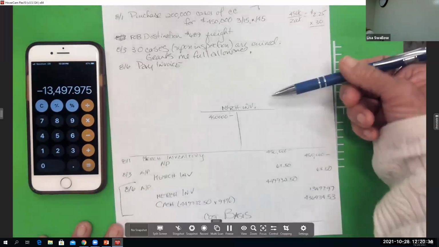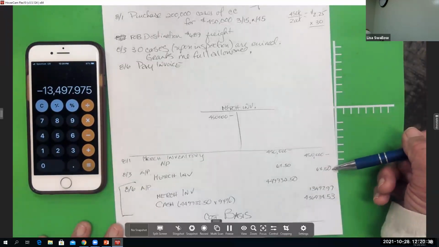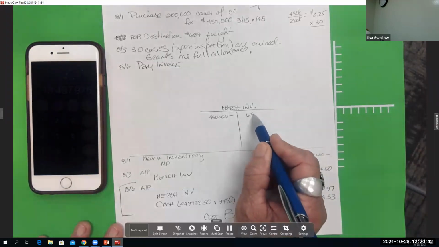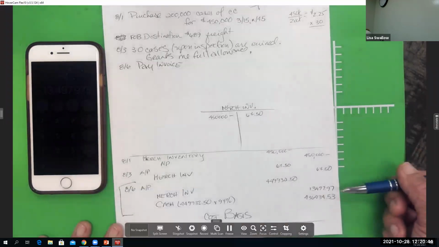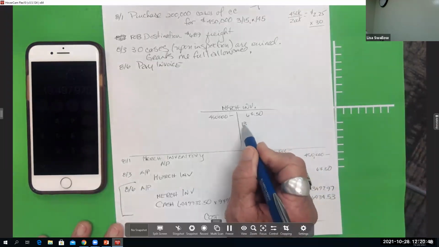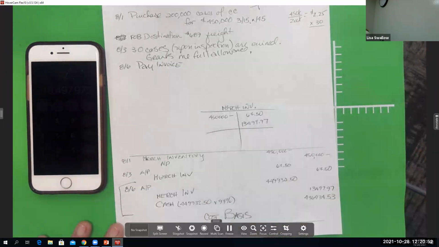Well, you're looking at your inventory account. 450 started here, and then I credited 67.50 for returns, and I credited this amount for discount. How much is in my inventory account?